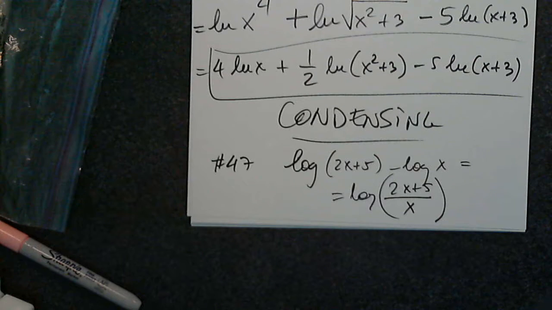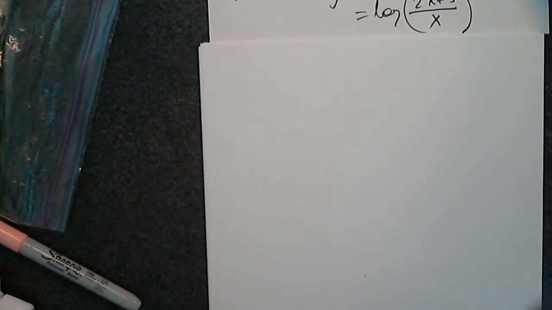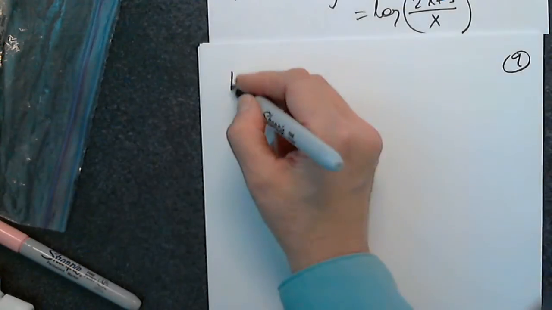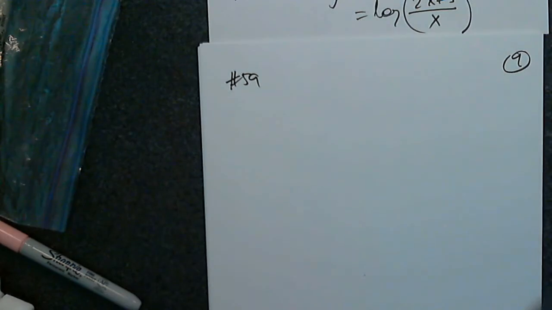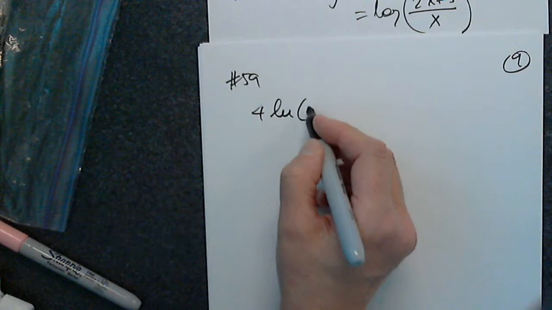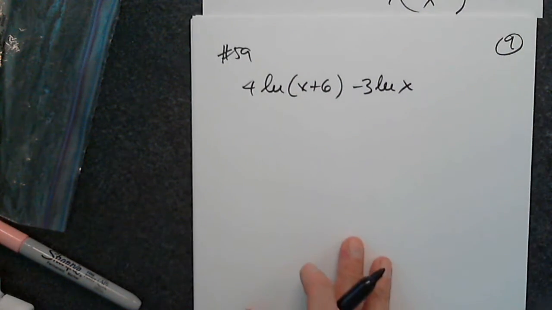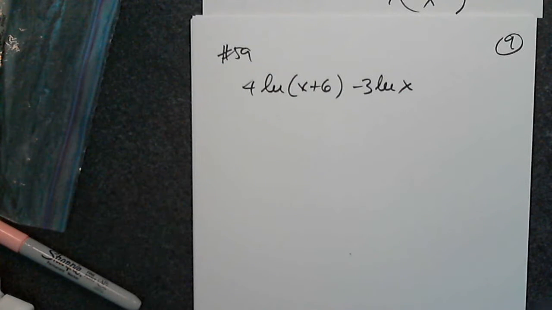Okay, let's look at the next level, let's say 59. In 59 we have 4 natural log of x plus 6 minus 3 natural log x. Yes, it's a difference of 2 logs.